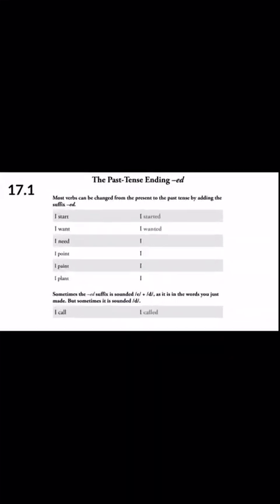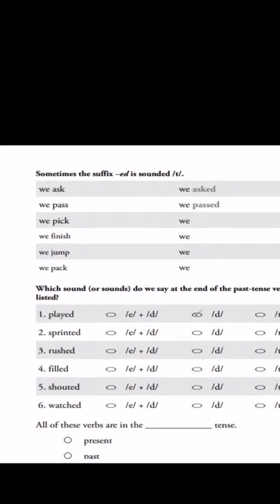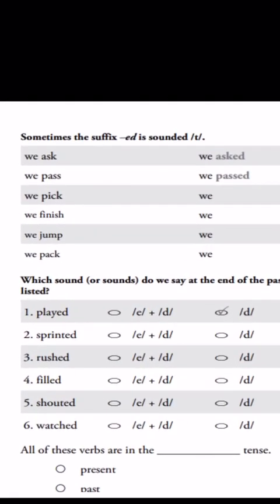Okay, there is a next portion of 17.1. Let's take a look at that. Sometimes the suffix ed, remember I said it has different sounds. It can also sound like t, the t sound. For example, we ask, we asked.